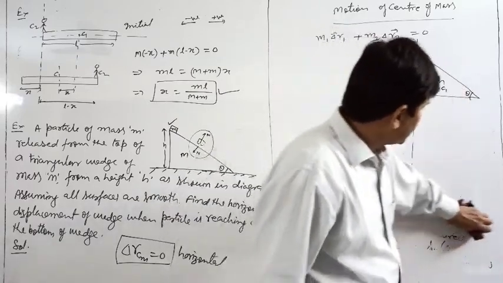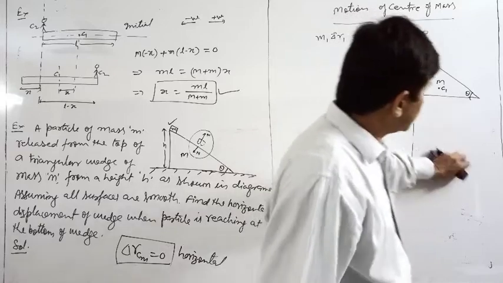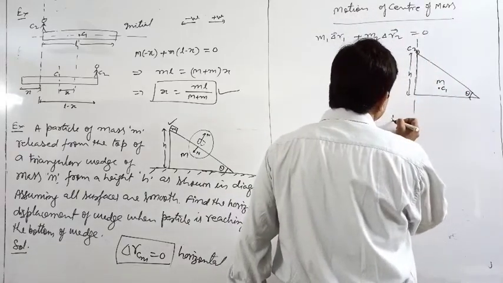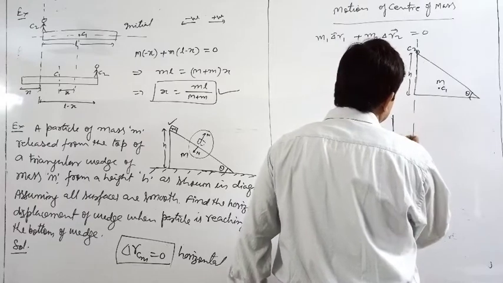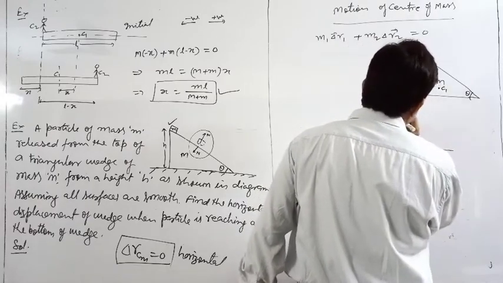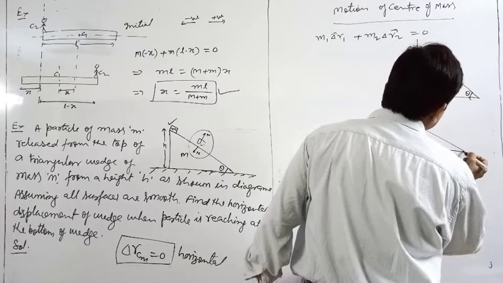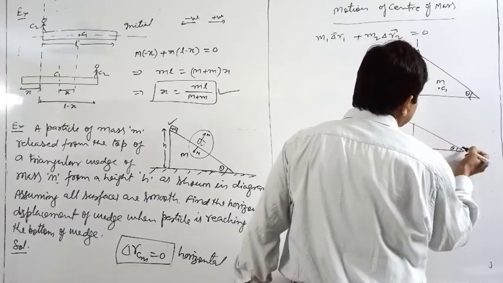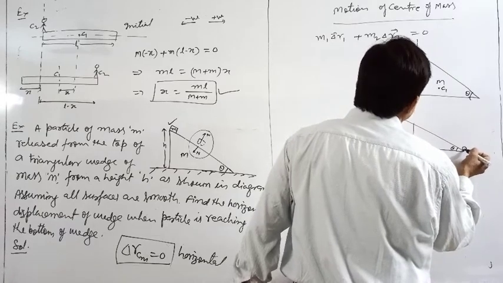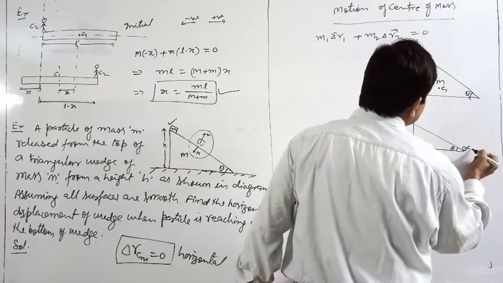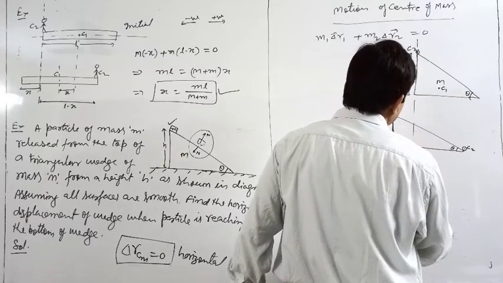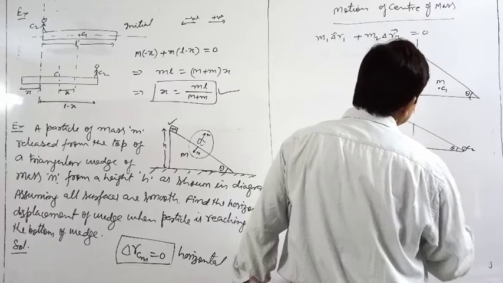Now, as the block starts moving, the wedge will go in that side, so the diagram will be like this. Now the particle is reaching here. Now C2 will be here, and this displacement x we have to calculate.